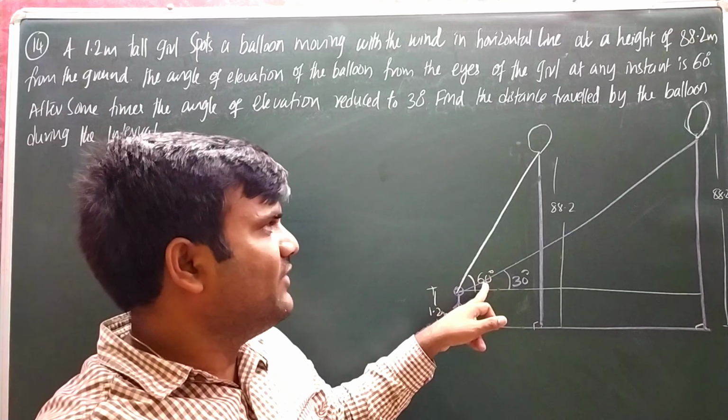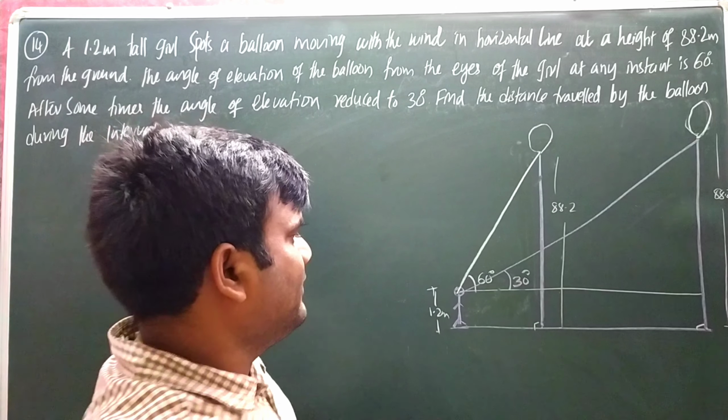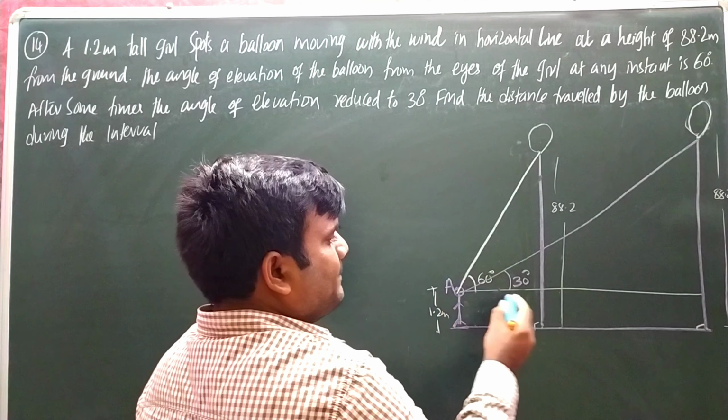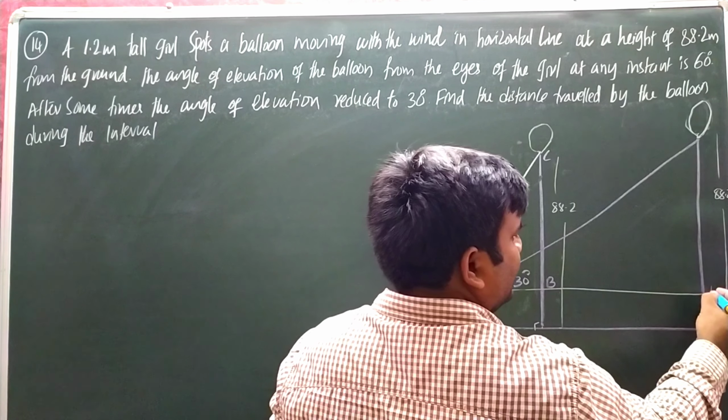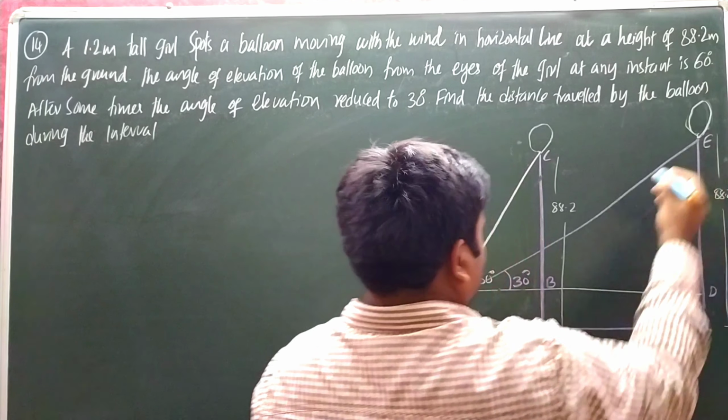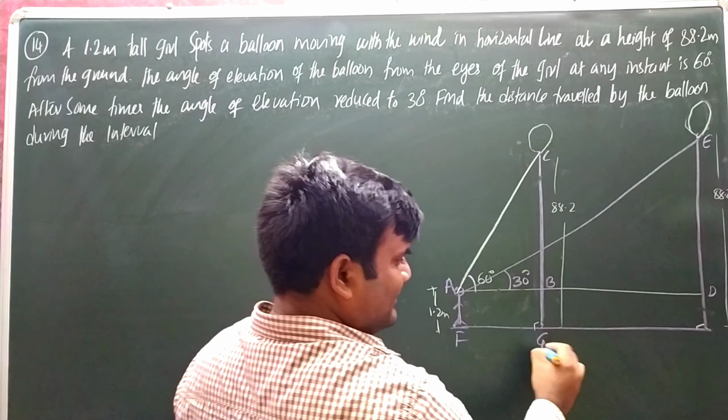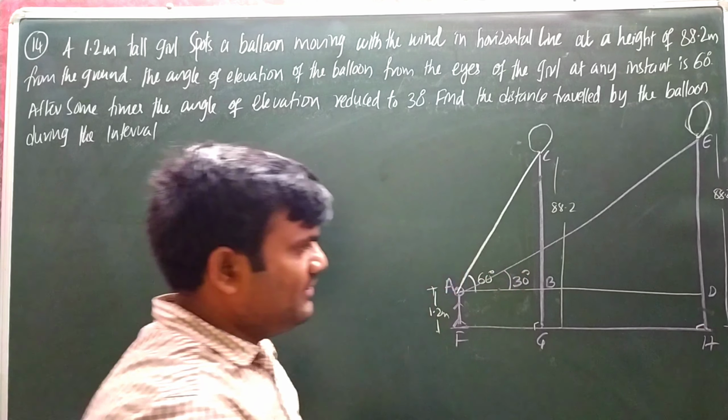So first the angle of elevation is 60 degrees; the second time she observed, it is reduced to 30 degrees. I am giving names A, B, C, D, E, F, G, H.